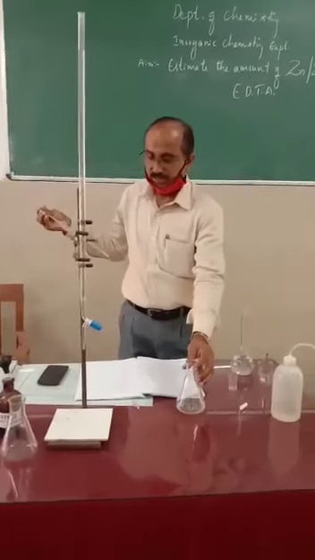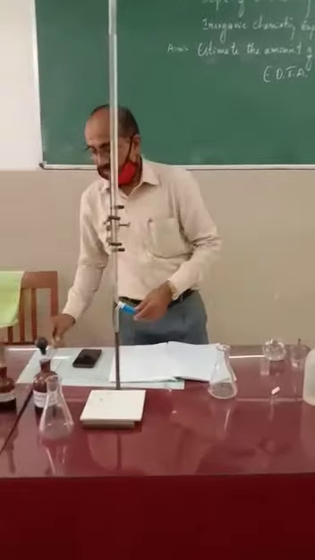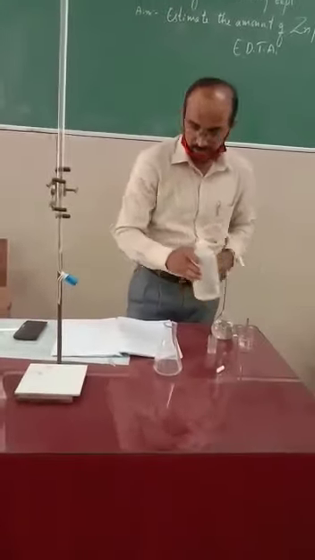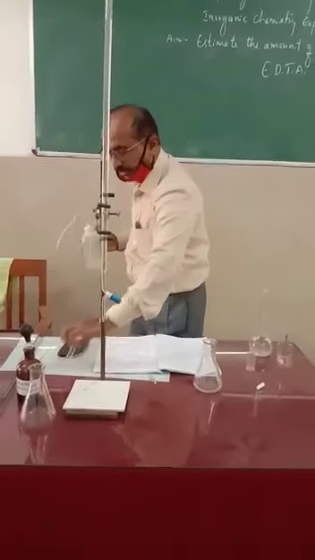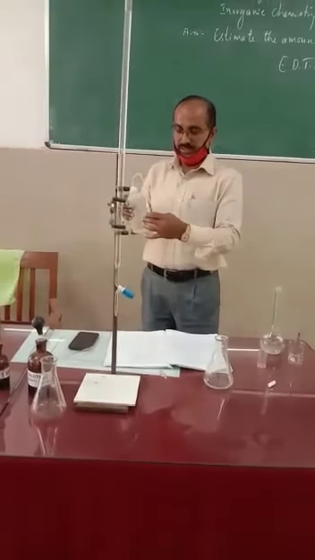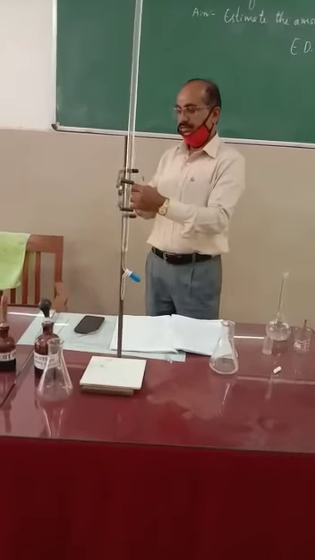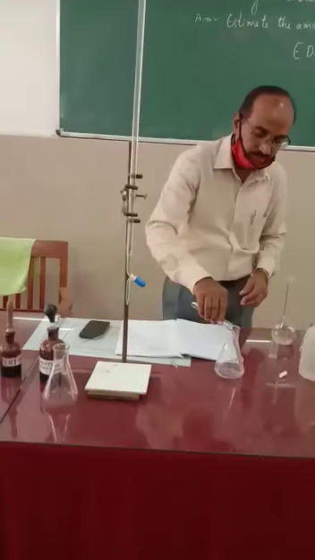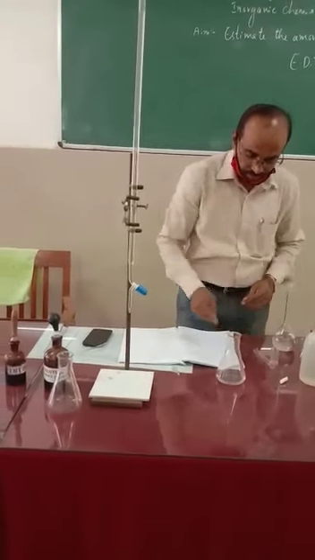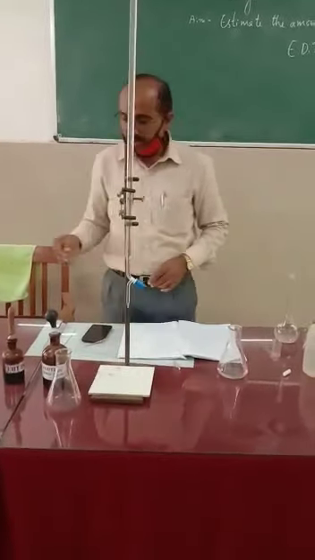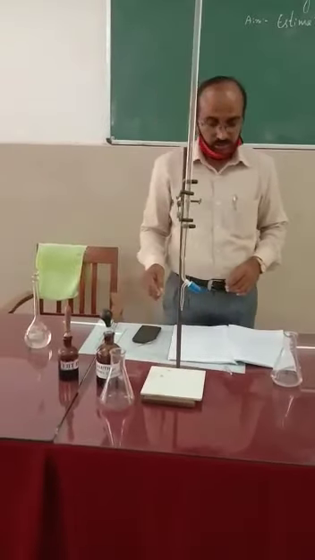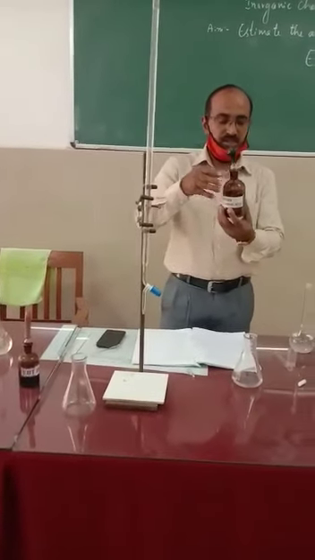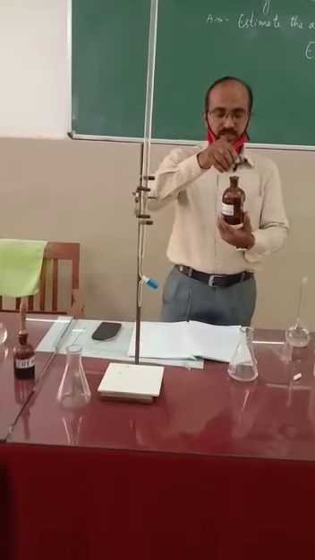This is the 25 cm cube zinc sulfate solution, and one test tube of distilled water is added into it. And 2 ml of buffer solution is added. So this is a buffer solution. It is a mixture of ammonia and ammonium chloride.